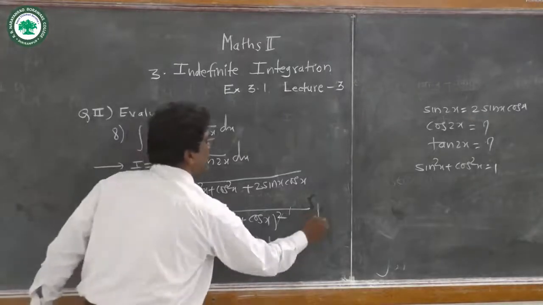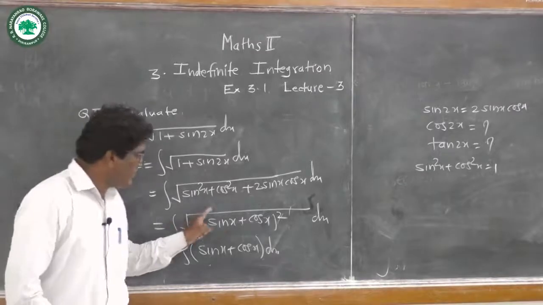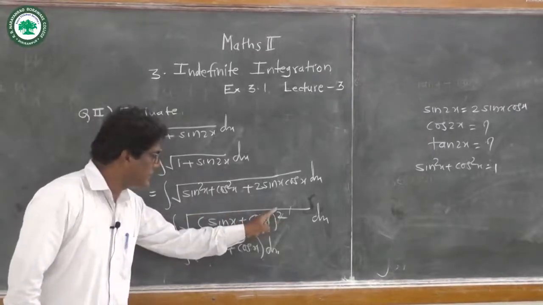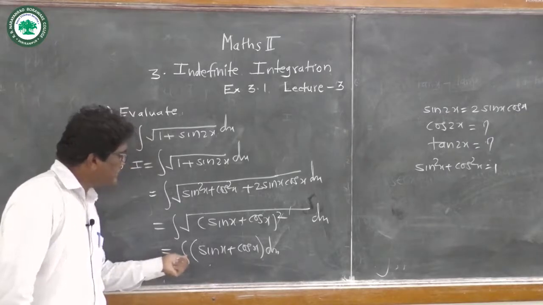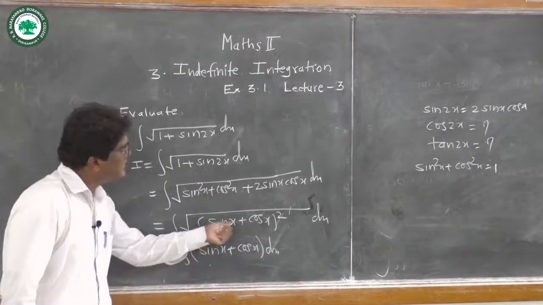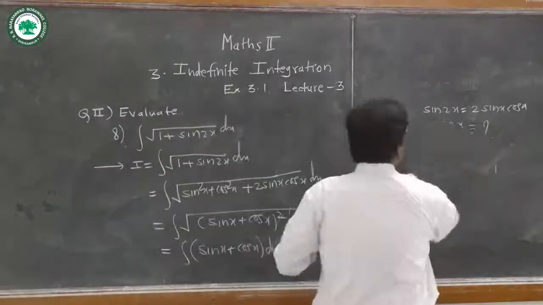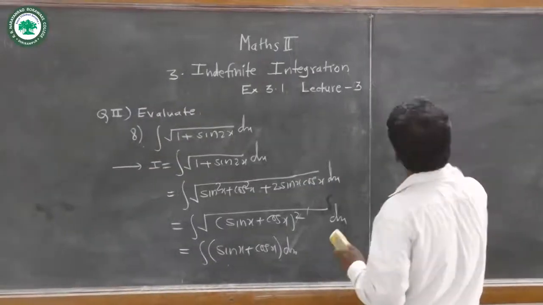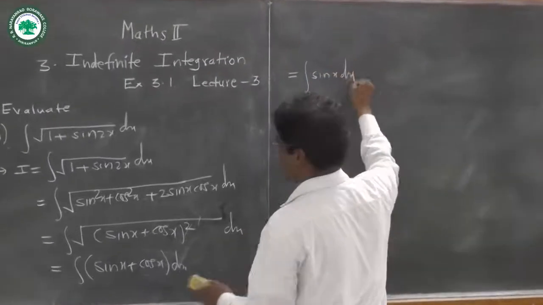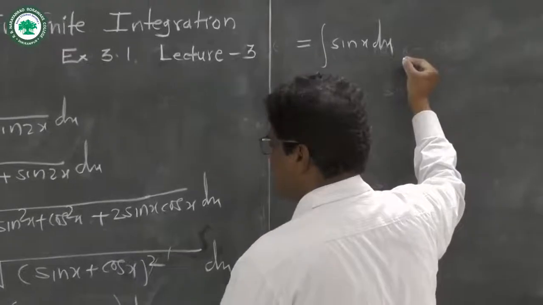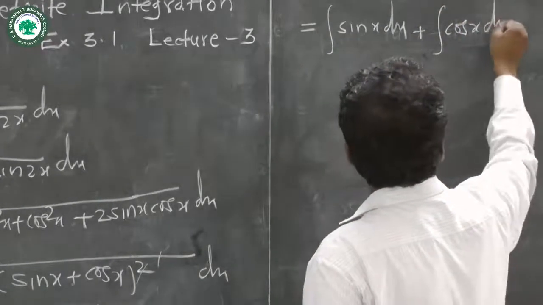Here we have to write dx. So here square root and square get cancelled to each other, and therefore we get I is equal to integration of, in round bracket, sine x plus cos x. Now take the separate integration. So it is equal to integration of sine x dx plus integration of cos x dx.